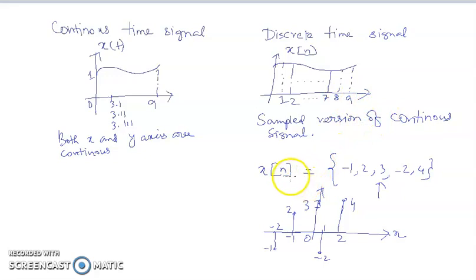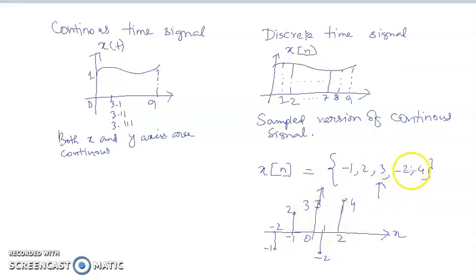If we're given x(n) equal to {-1, 2, 3, -2, 4}, the arrow at 3 indicates that the signal originates at 3. That means at n equal to 0, the amplitude is 3.